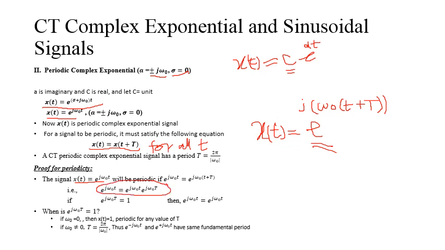Now if x of t is periodic, that means this should be equal to 1. So e power j omega naught capital T should be equal to 1.